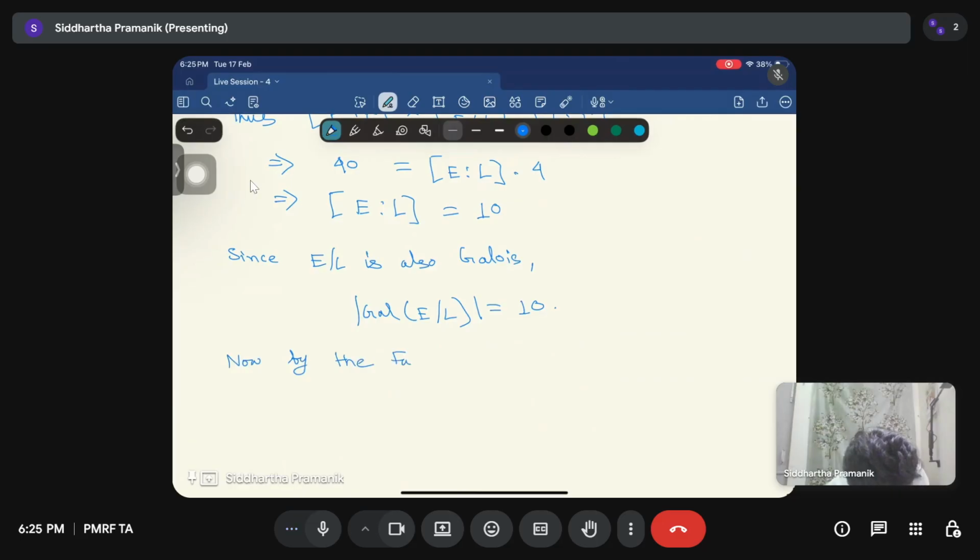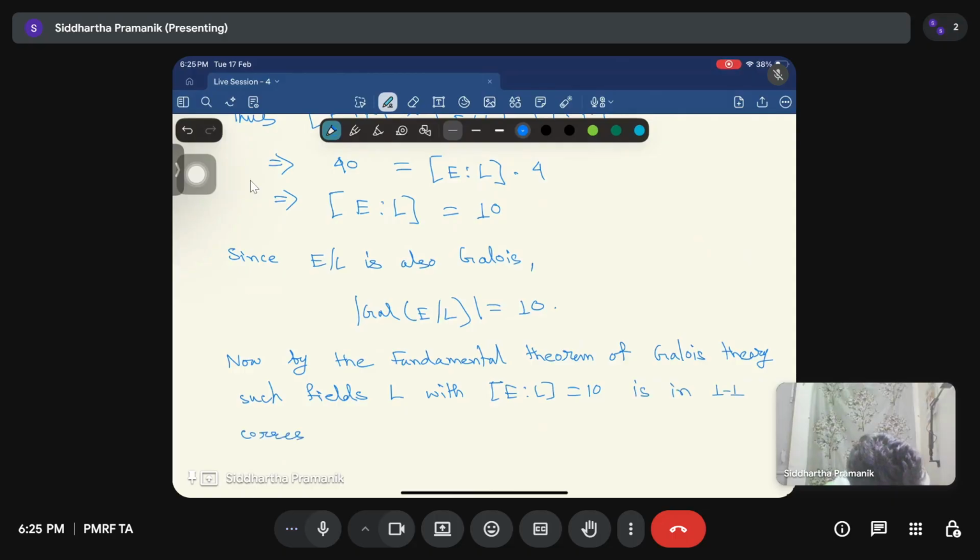By the fundamental theorem of Galois theory, such intermediate fields L with degree 10 are in one-to-one correspondence with the subgroups of the Galois group of E over F.